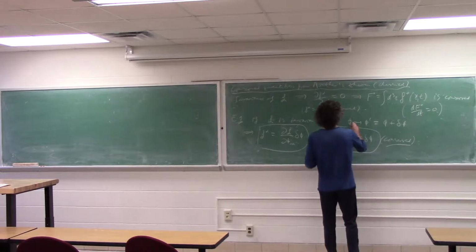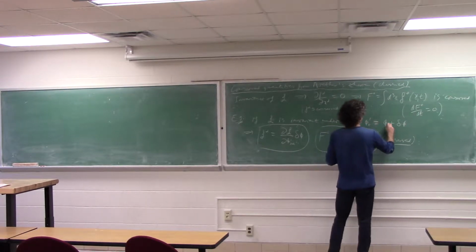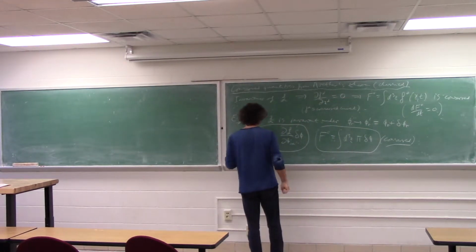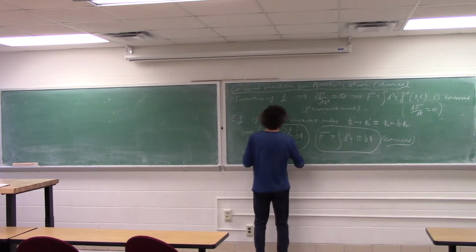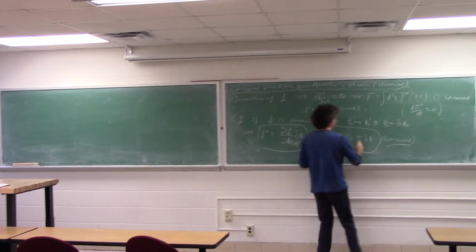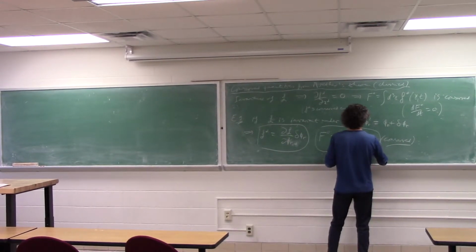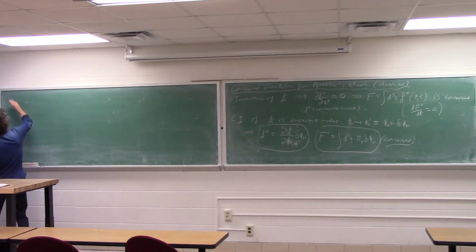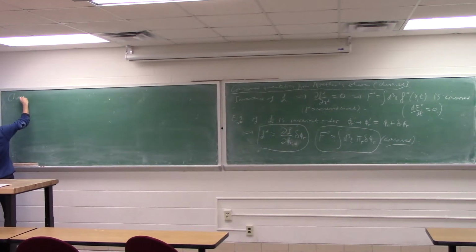So let's say I have multiple fields here, labeled by an index R, and so I should replace this by phi R alpha, and then here there's an index R that is also summed over. So there's pi R delta phi R. There we go.